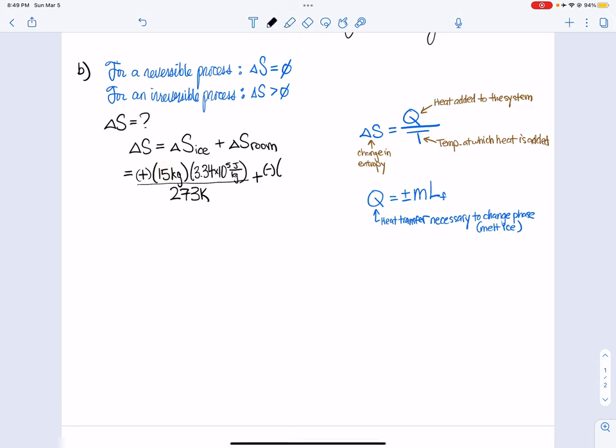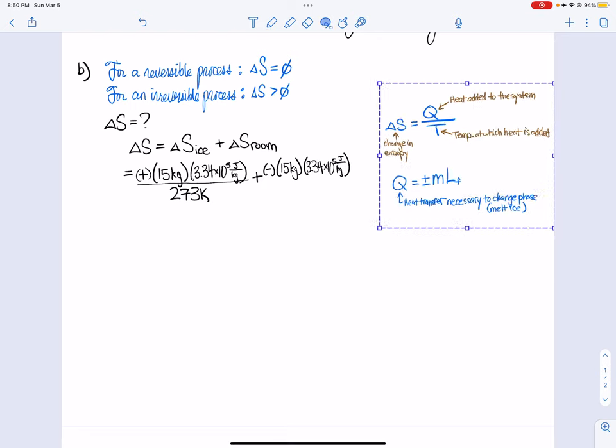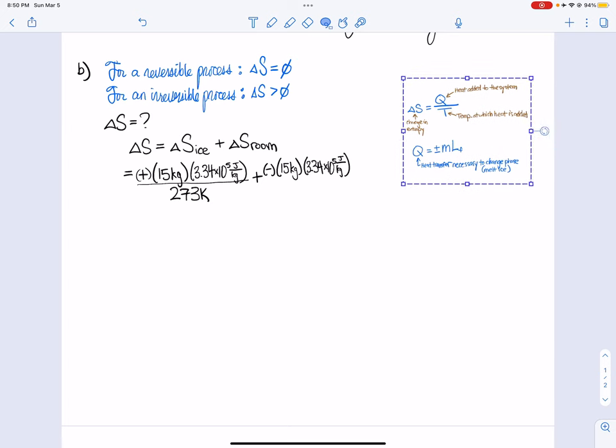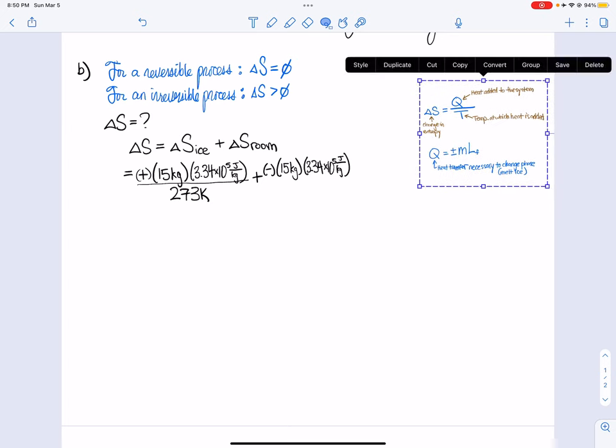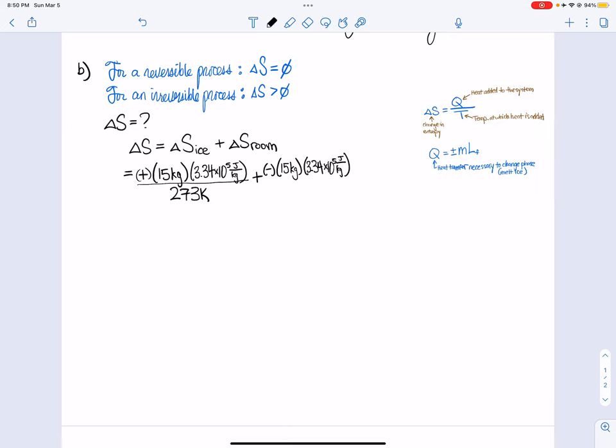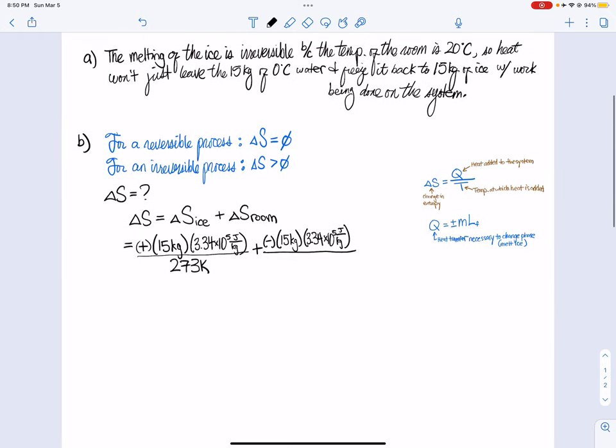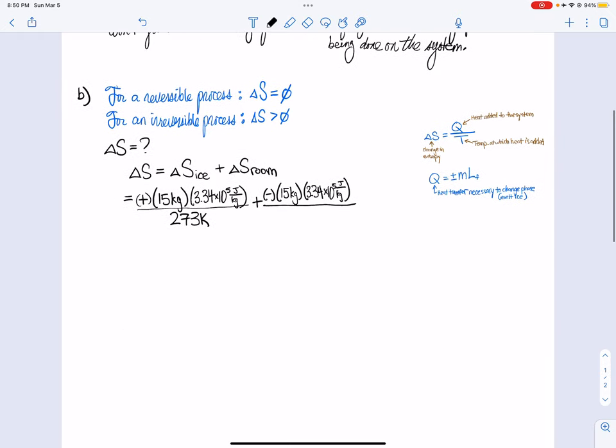So that's 15 kilograms times 3.34 times 10 to the 5th joules per kilogram. I'm going to make this much smaller. Okay, and I'm going to divide that by the temperature of the room, and that is 293 Kelvin.